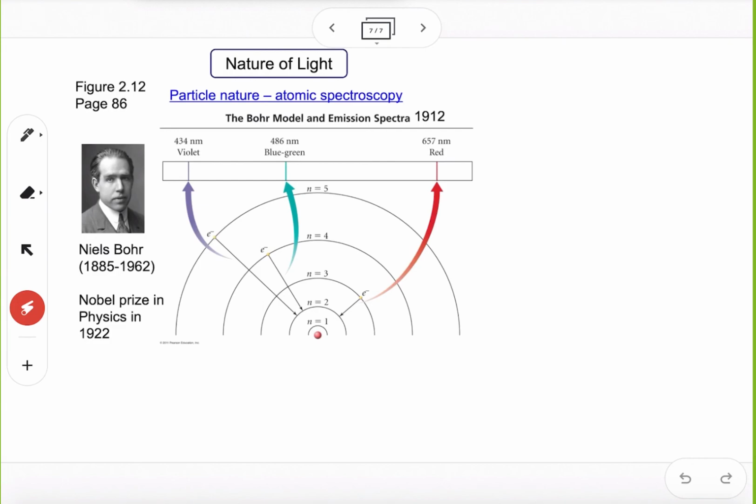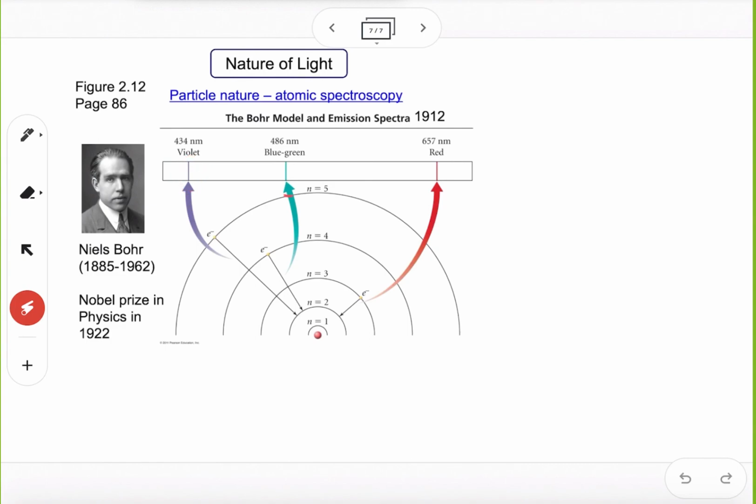How does this violet line come from? It comes from the energy of the electrons jumping from a high energy orbital to a lower energy orbital. During this process, it releases this light beam, so that's why you see this violet line.